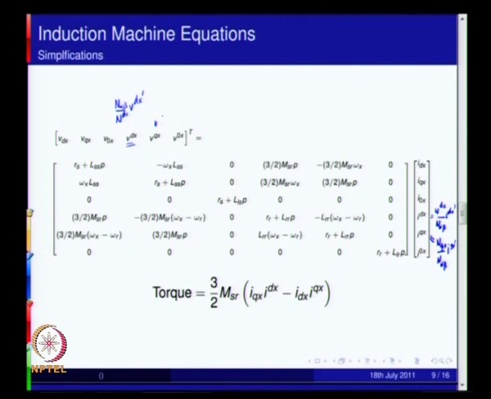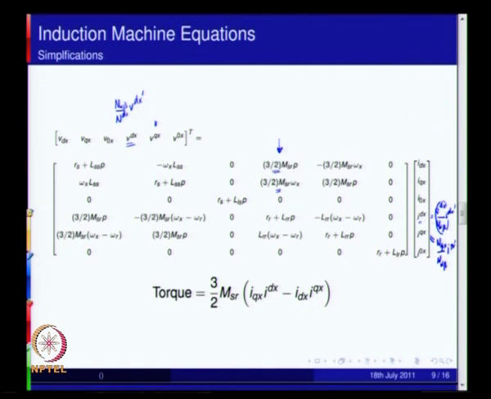Now you see that this term n dx by n alpha beta, which is multiplying I dx, is really going to be multiplied by the terms that are along this column. So you have 3 by 2 MSR P I dx.